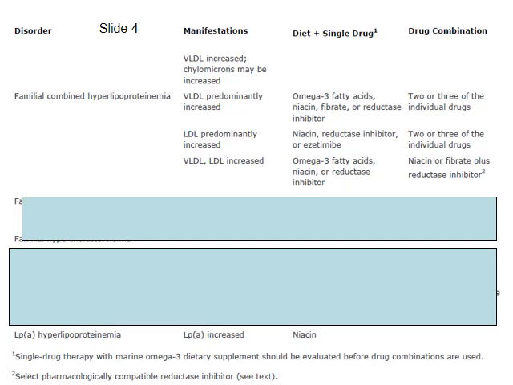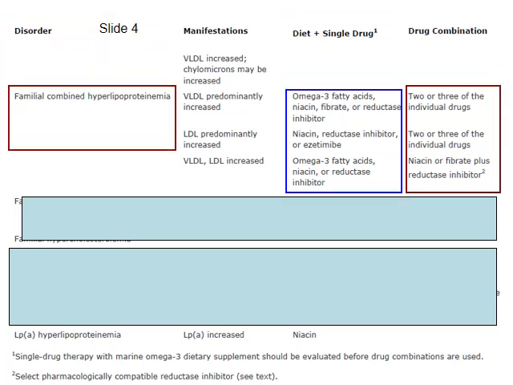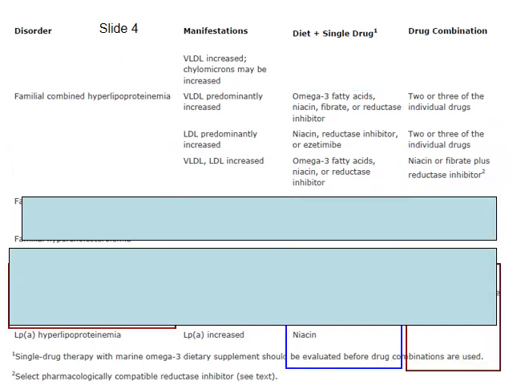And so things like omega-3 fatty acid, fibrate, maybe an HMG-CoA reductase inhibitor. So we're going to explore these in a little more detail as we go further. Okay, but that's an example of familial combined hyperlipoproteinemia. So here you have a few lipoproteins that are out of whack.